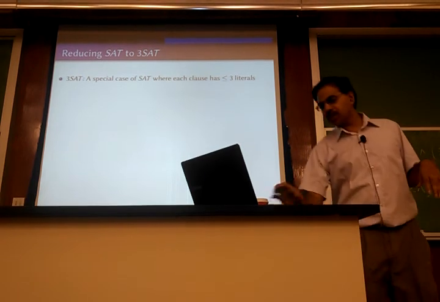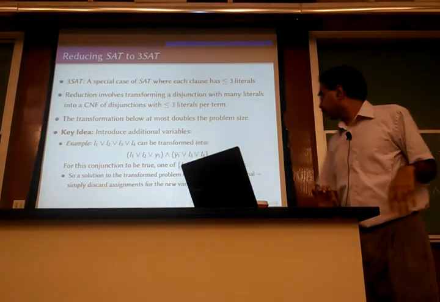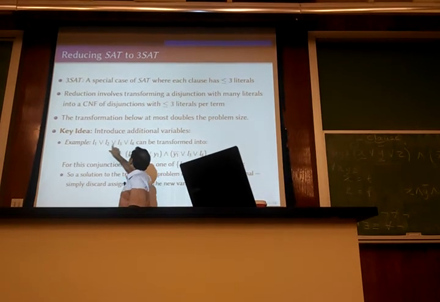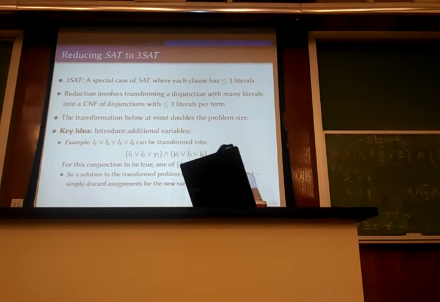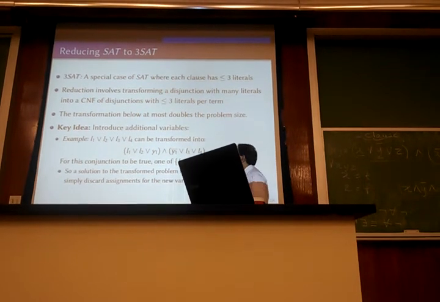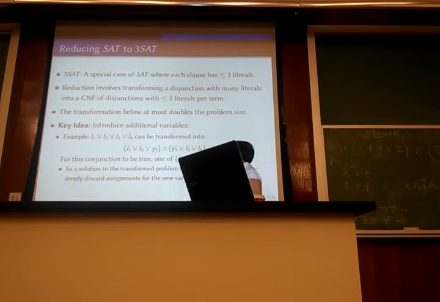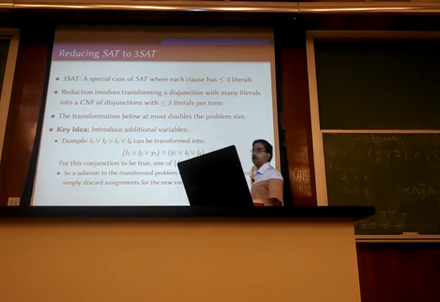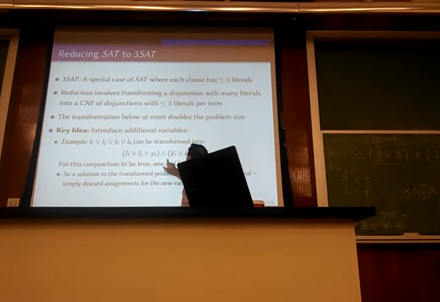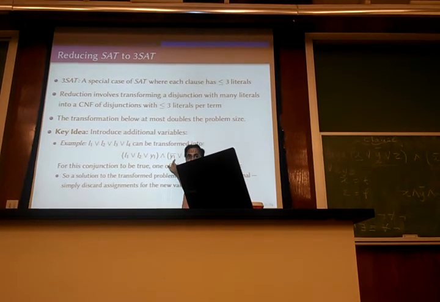It's actually quite easy to do this because if someone gives you a clause with, say, 4 literals, you can convert it into just two clauses that each have 3 literals. Look at this formula. You have y1 here and y1 bar here.